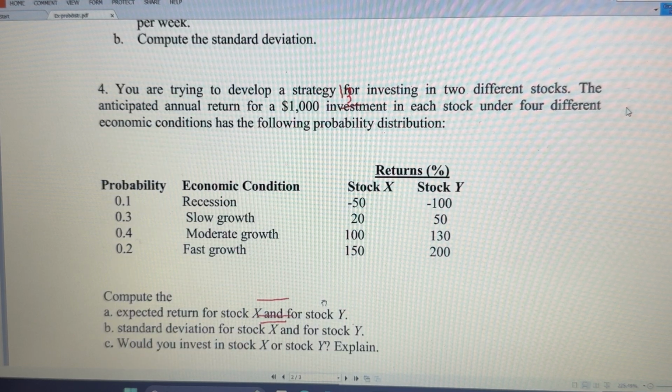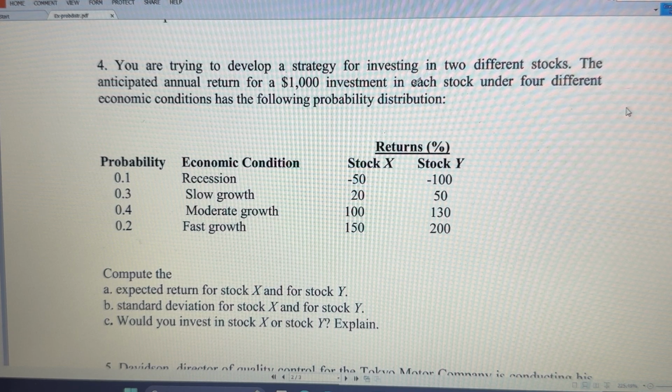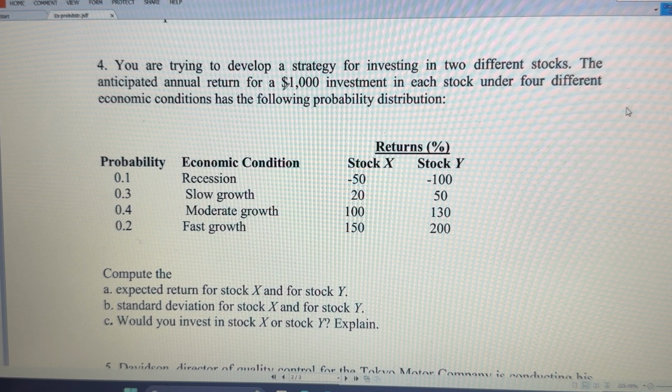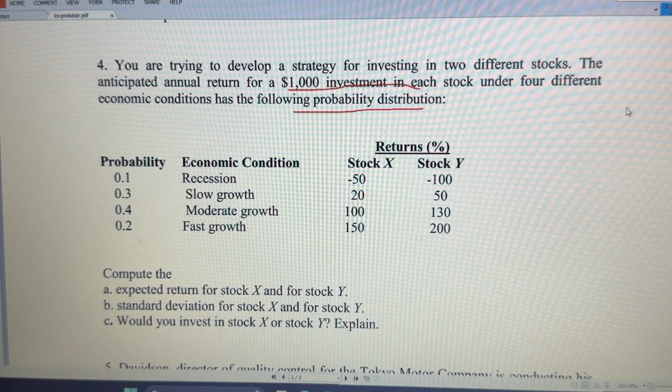So the same way, number 4. The number 4, you are trying to develop a strategy for investing in 2 different stocks. So the anticipated annual return for $1,000 investment in each stock under 4 different economic conditions is the following probability distributions.